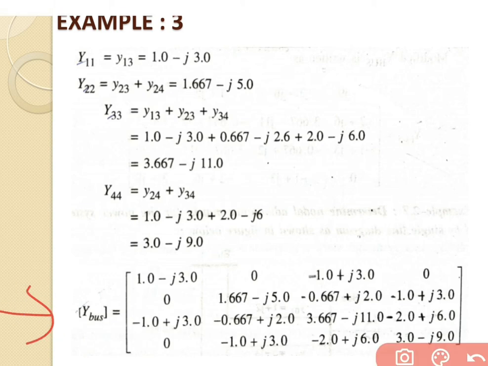So we get the Ybus equal to 1.0 minus j3.0, 0, minus 1.0 plus j3.0; 0, 1.667 minus j5.0, minus 0.667 plus j2.0, minus 1.0 plus j3.0; minus 1.0 plus j3.0, minus 0.667 plus j2.0, 3.667 minus j11.0, minus 2.0 plus j6.0; and the last row 0, minus 1.0 plus j3.0, minus 2.0 plus j6.0, 3.0 minus j9.0.